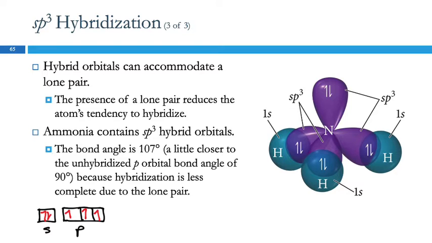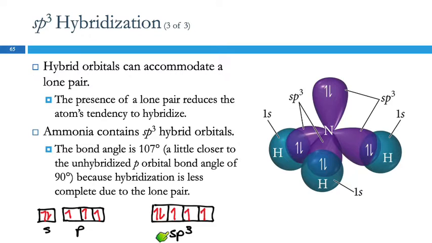When those hybridize, they're going to be 4 of them all at the same energy level now, an sp3. And then we're going to stick those 5 electrons back in. 1, 2, 3, 4, and the 5th one's going to pair up.